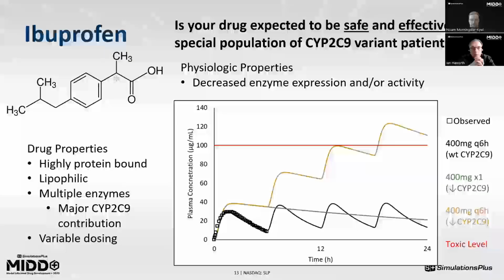And we see here that once you reduce CYP2C9 activity, a single dose, again, has much slower clearance, but it stays well below that toxic threshold that they found in the literature. So a single dose of ibuprofen would likely be safe and effective in these patients. However, Q6-hour dosing within 3, 4 doses starts to exceed that toxic threshold.